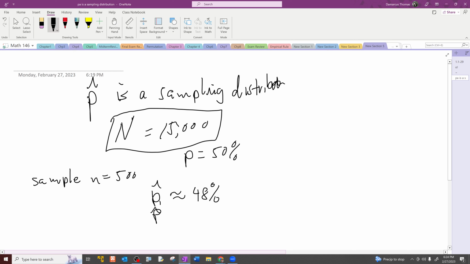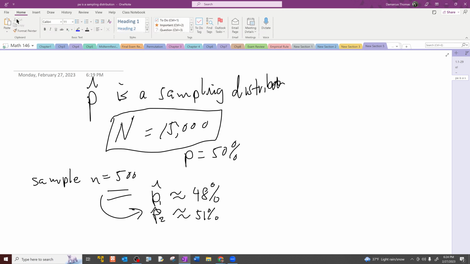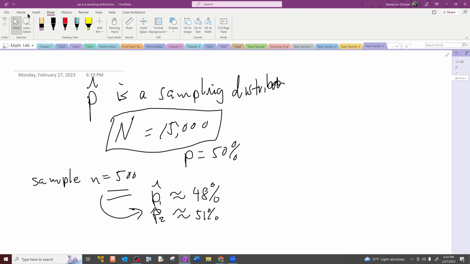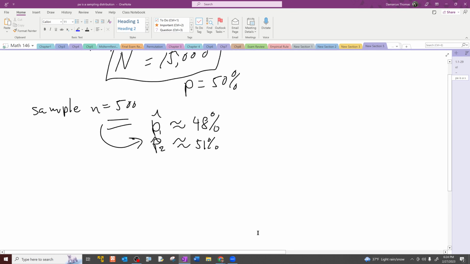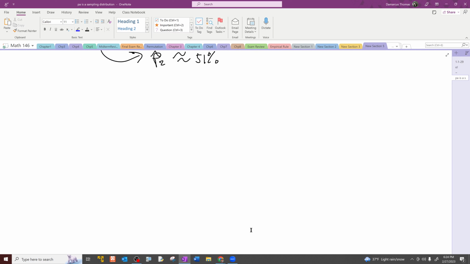If we take another sample of 500, all samples 500, all of them the same size, this one might be about 51%. I continue this process, just keep doing it over and over again.